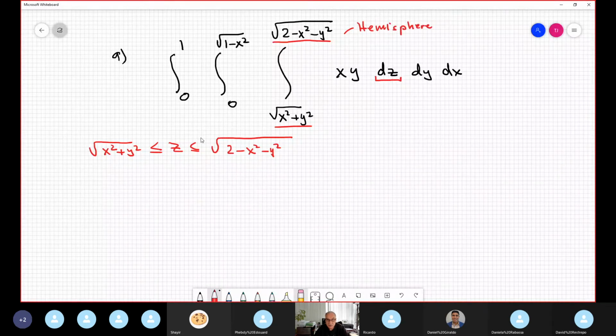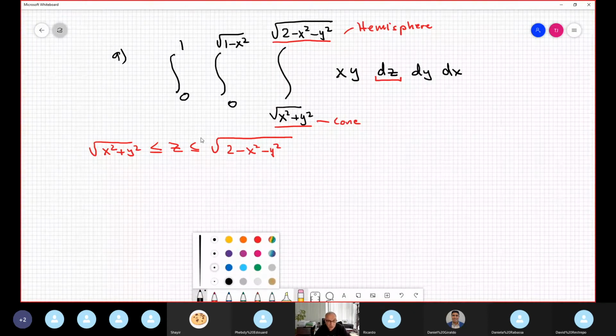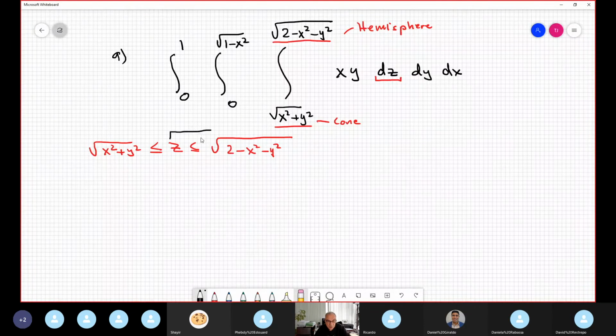Well, so you don't understand if this is a cone. Okay, we can separate because it's a radical. Okay, let's do it like kindergarten. Look, you separate this equation and you copy it, not like an inequality, sino like an equation. z is equal to the square root of 2 minus x squared minus y squared, and you square both sides.